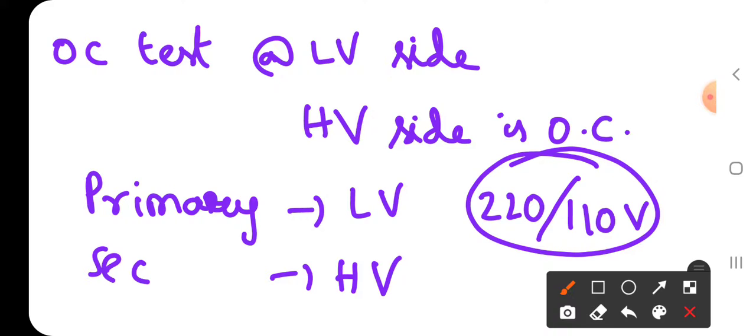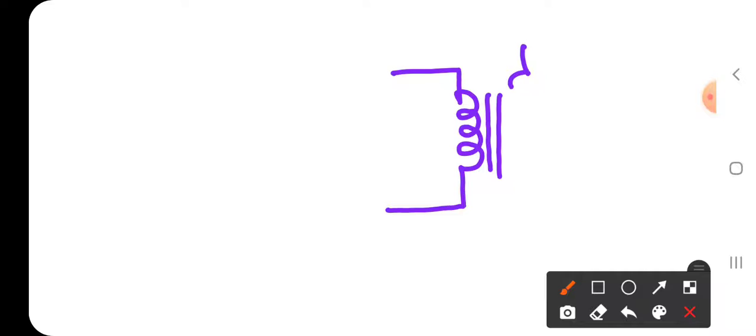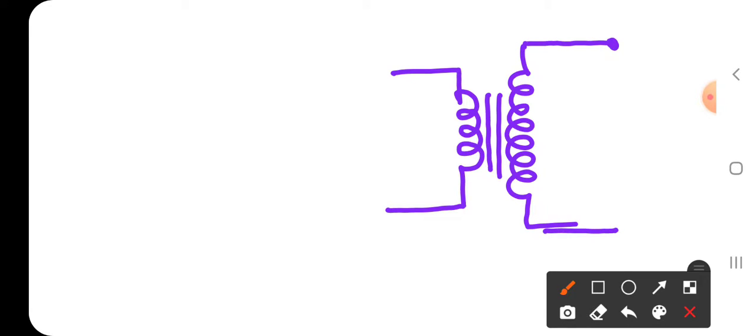The circuit is like this. Suppose this is the transformer. Here I represent the primary side as the low voltage side and the secondary side as the high voltage side. So the secondary side is open circuit.